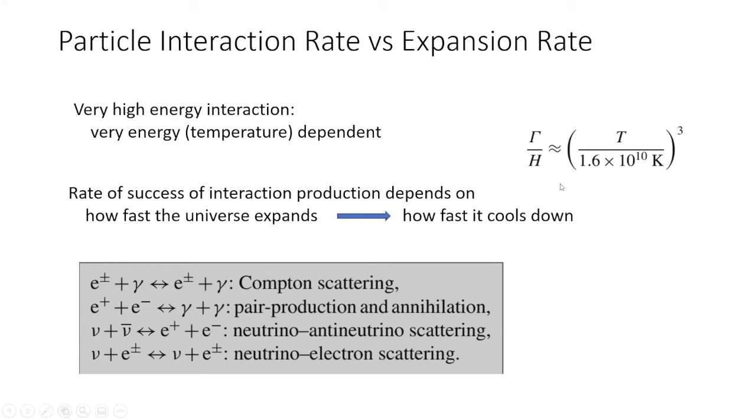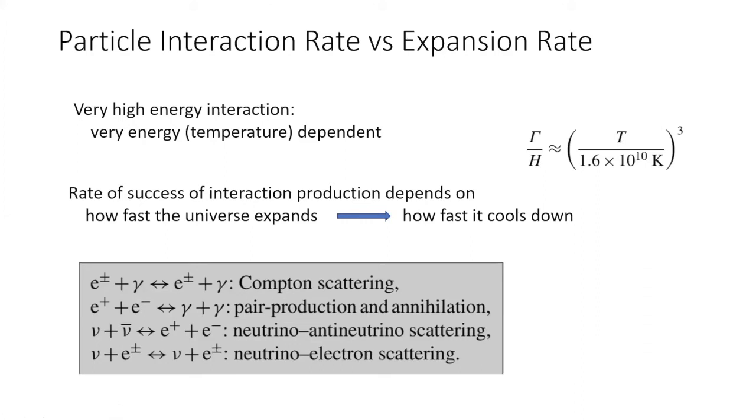So this tells you the rate of success of interaction production. So how much photon would we expect from this pair production, for example? Well, it depends on the temperature. When the temperature is high enough, the right-hand side gives you rather high value. Gamma is the rate of interaction, where H is the rate of expansion of the universe. So they're racing against each other.